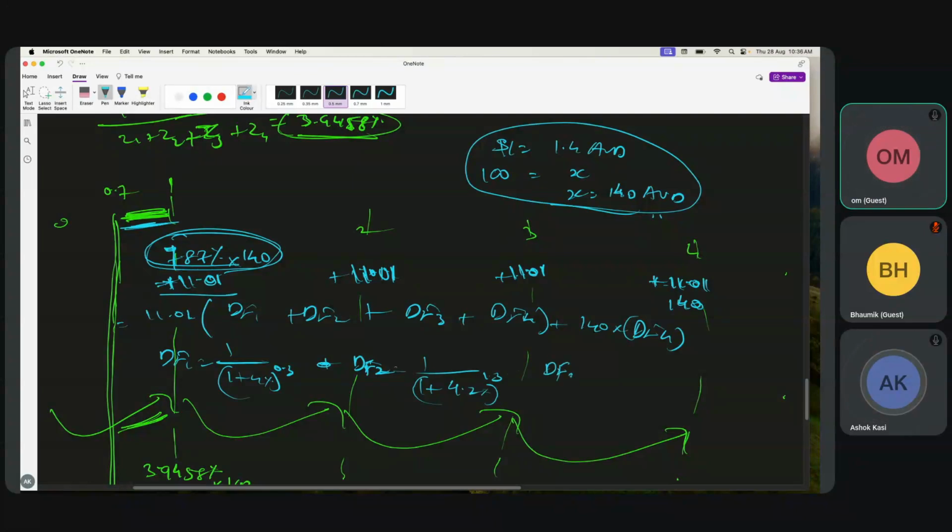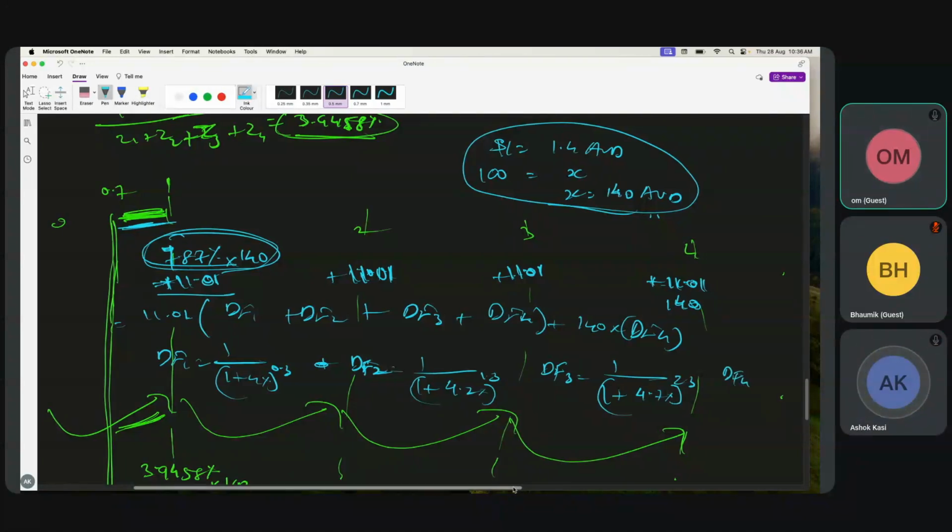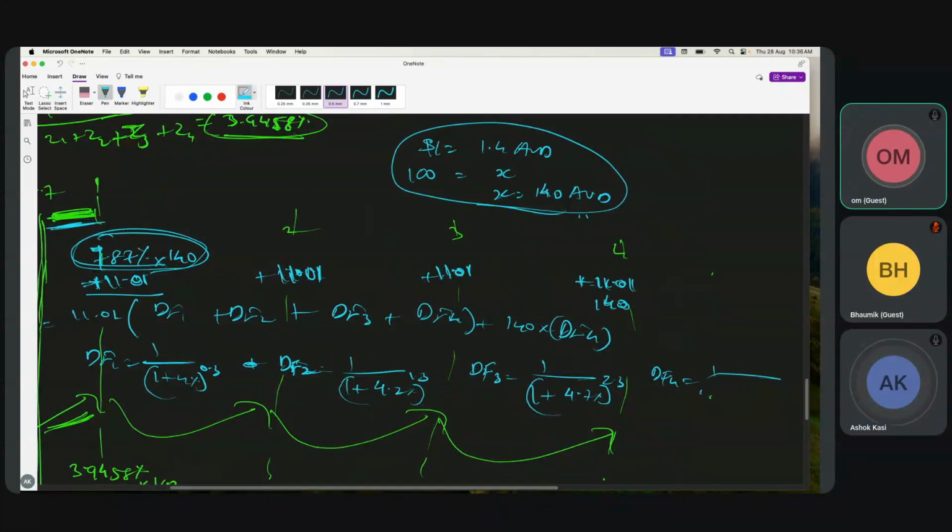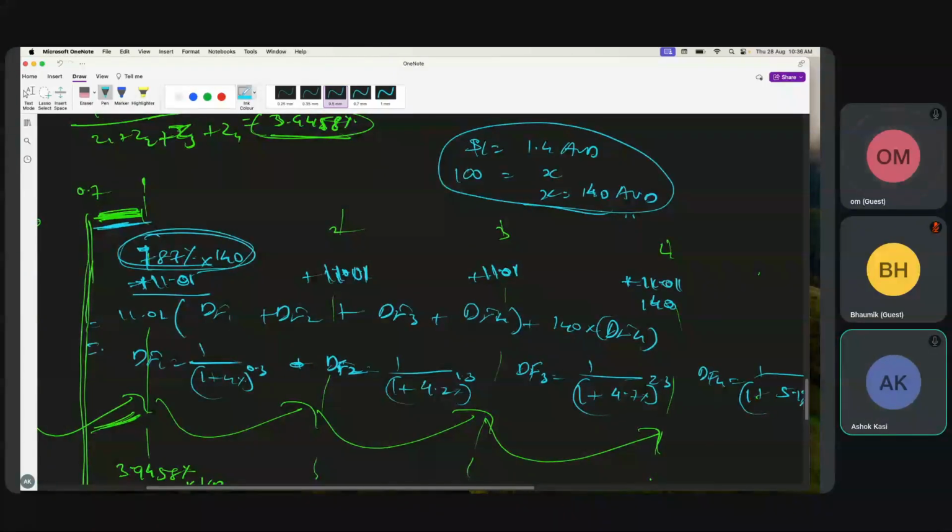Then DF3 is 1 divided by 1 plus 4.7 percent raised to 2.3. And DF4 is equal to 1 divided by 1 plus 5.1 percent raised to 3.3. Okay, so you apply and find out the value here. This is what you have to do now.